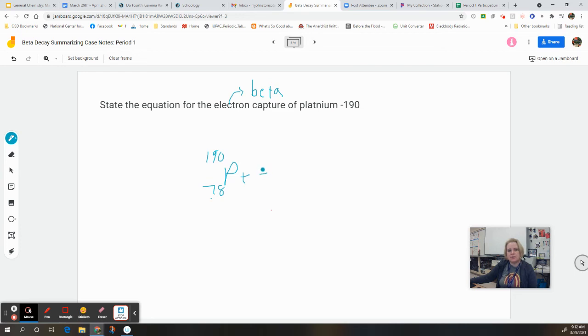And this time I'm going to be adding to this, and my t's and my pluses look so much the same. Let me fix that really fast. That is going to be Pt plus an electron.